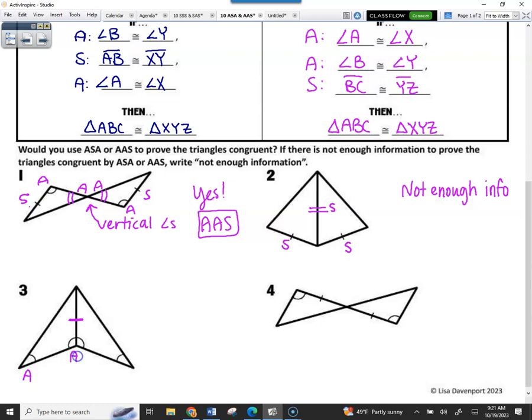This is an angle. This is a side. Go to the other one. Angle, angle, side. So what's yes or no? Yes. What shortcut? AAS.